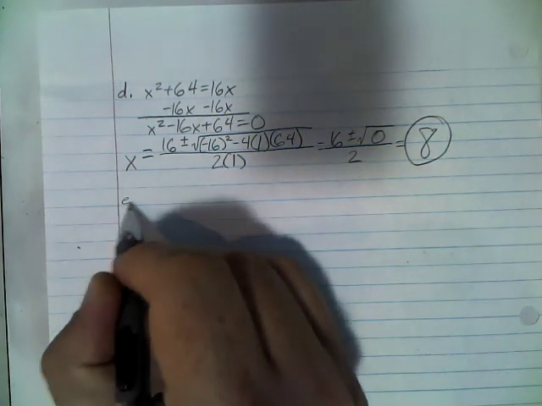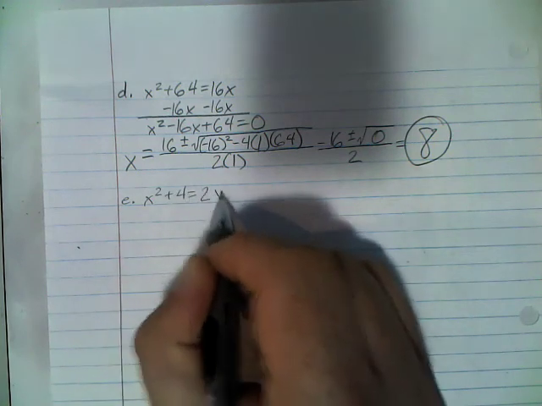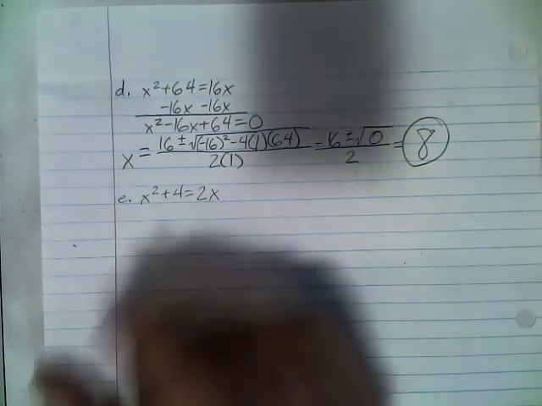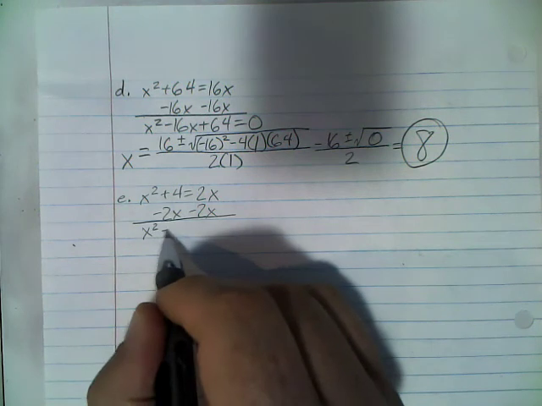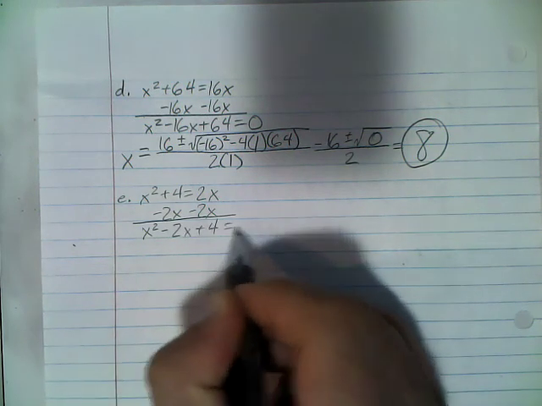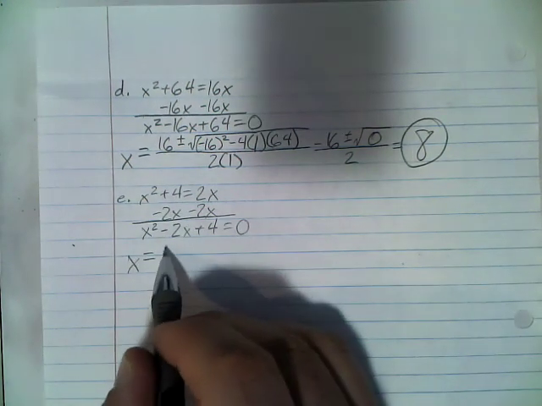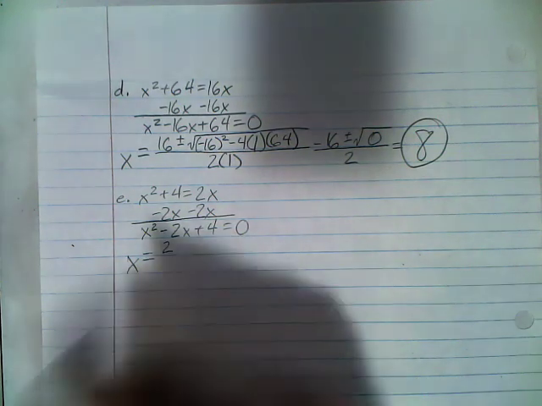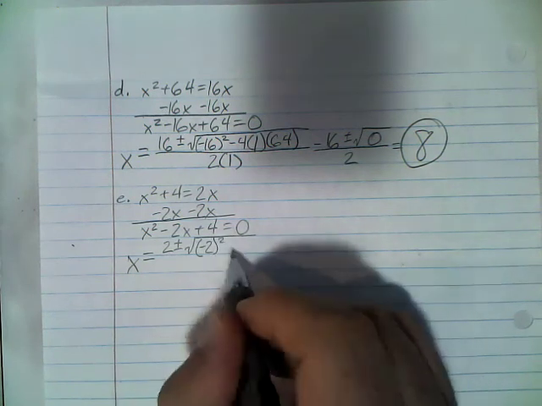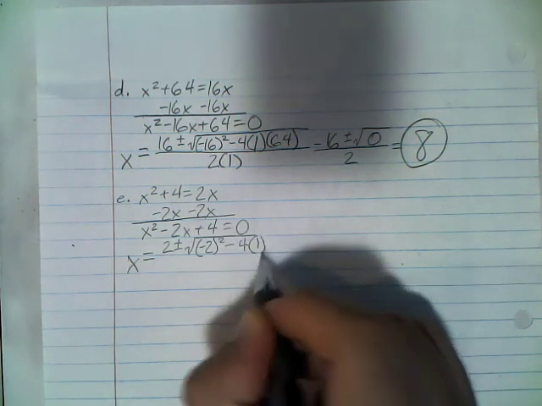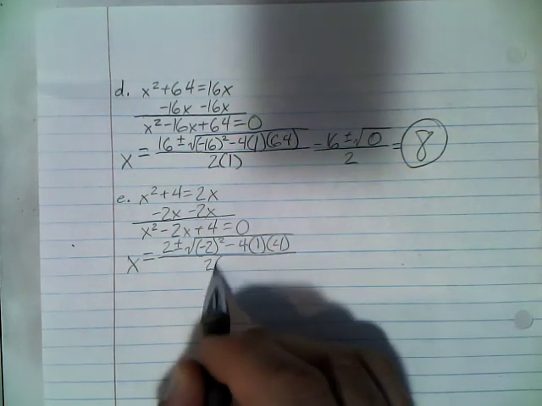Looking at E now. E says x squared plus 4 equals 2x. Again, this is not in standard form, so the first thing I need to do here is subtract 2x from both sides. And so x squared minus 2x plus 4 equals 0. So now x equals a negative b, so negative negative 2 is 2, plus or minus the square root of b squared, so that'll be negative 2 squared, minus 4ac, all over 2a.